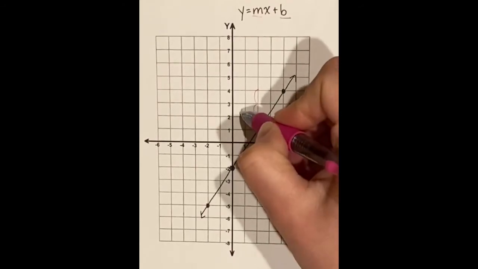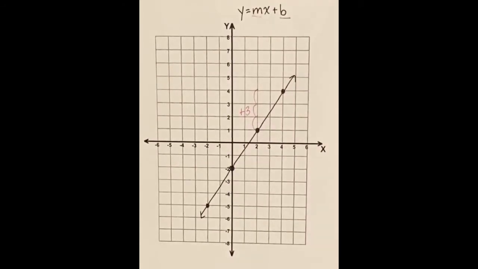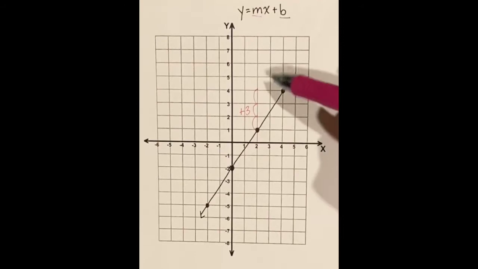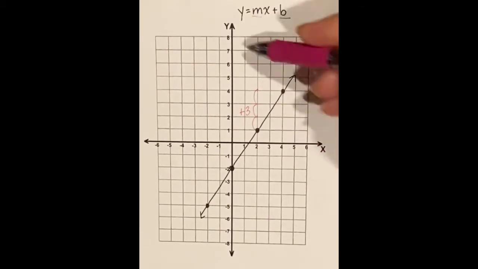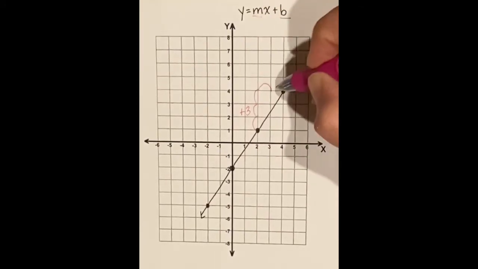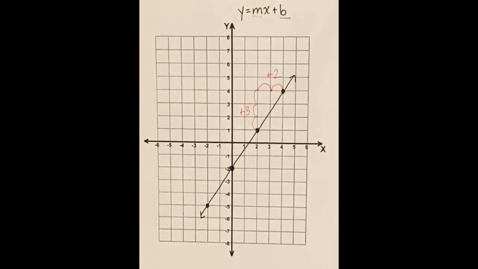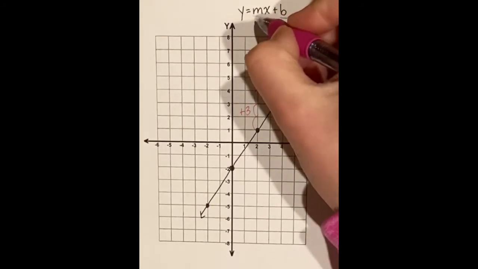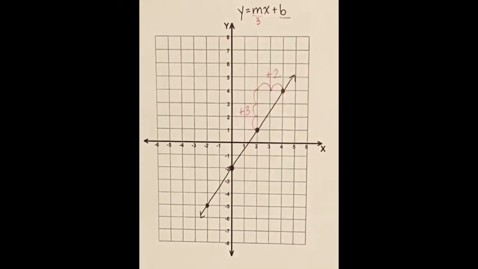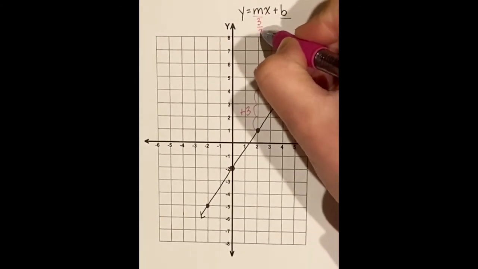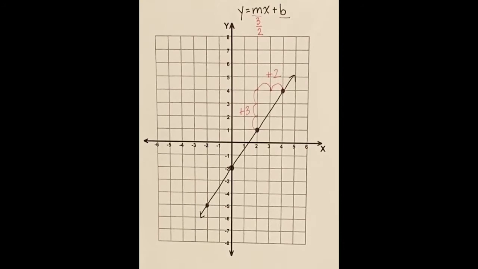So my rise is a positive 3. And then my run is going to be 1, 2. And that's a positive 2 because I'm going to the right. So a positive rise of 3 over a positive run of 2 is 3/2.